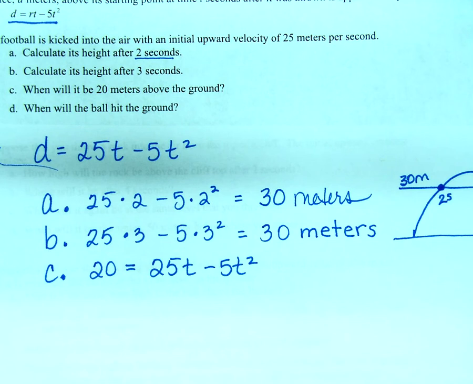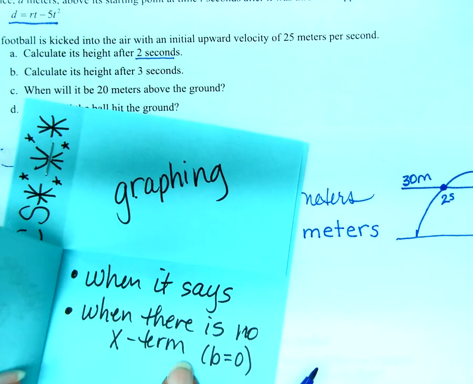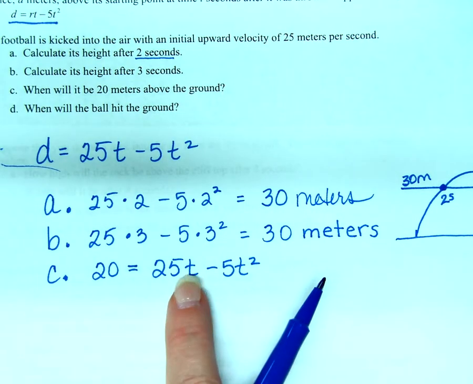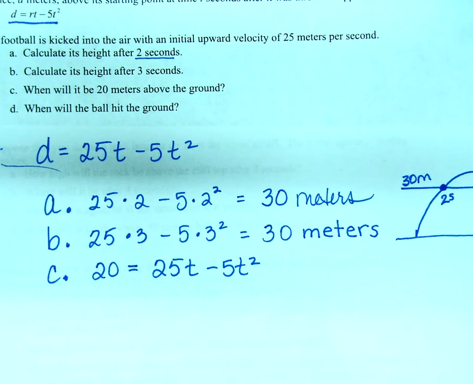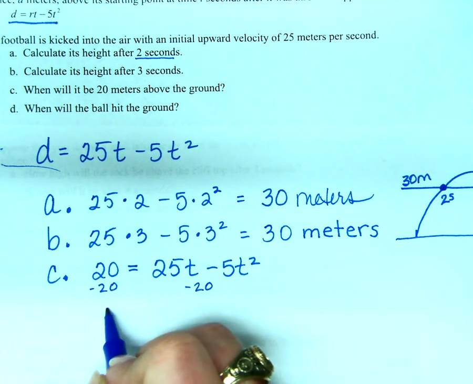What should we do? Can I square root? No. Because remember, if I want to square root, there has to be no x term, or in this case, a t term, and we've got one, so I can't square root. So you want to get it equal to 0? I think that's a very good plan. So if we get it equal to 0, let's subtract 20 from both sides.